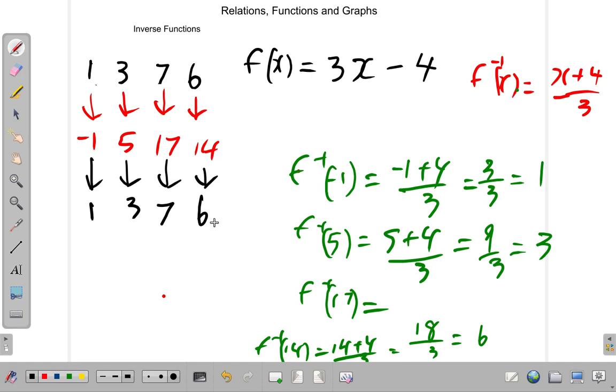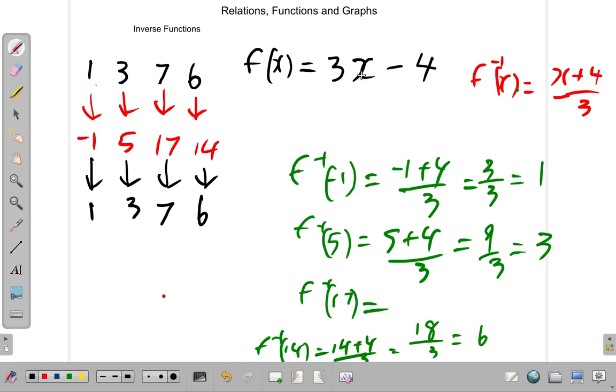So here you have the original message, the encoded message in red, and then the received, decoded message, which is the same as the original message. So you can use functions and inverse functions to encode messages. Someone trying to intercept that message would not be able to determine what it was.